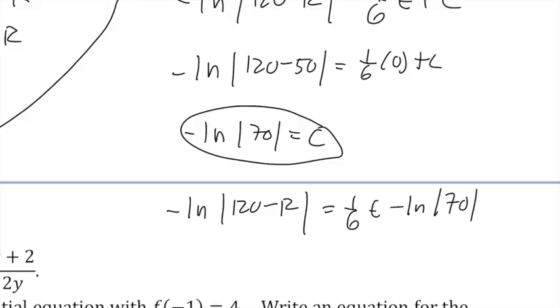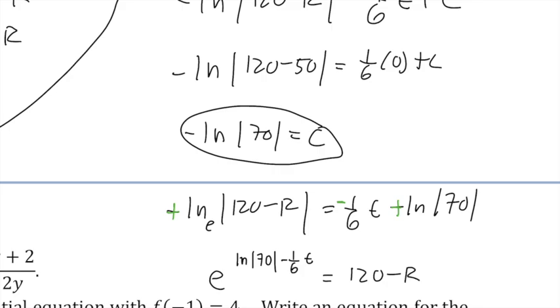Now what we're supposed to do here is solve for r. First off, I'm going to divide everything by -1 to turn that into a plus, that into a plus, and that into a minus. And then we're going to rewrite this into exponential form. We have e, and this is my exponent, over here to the right, equals 120 minus r.